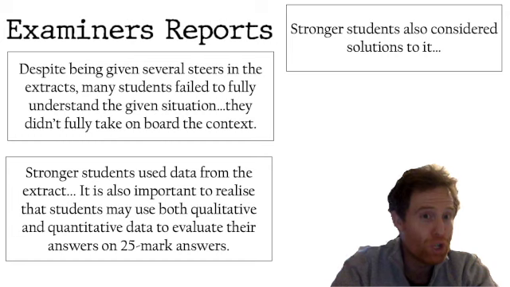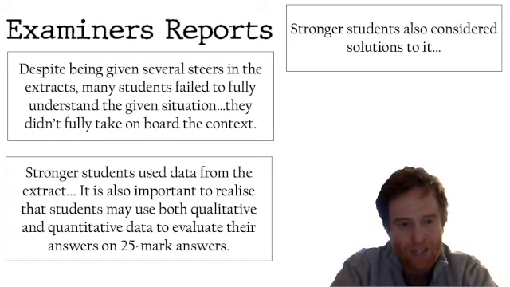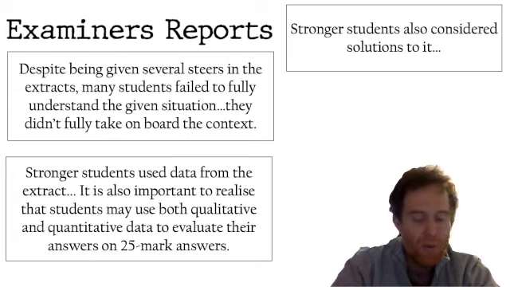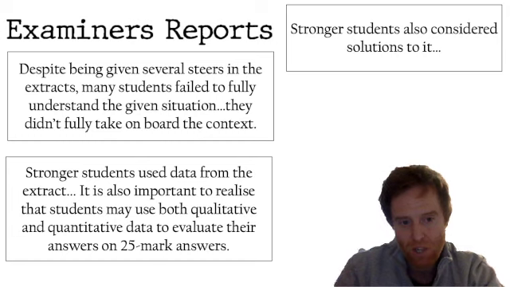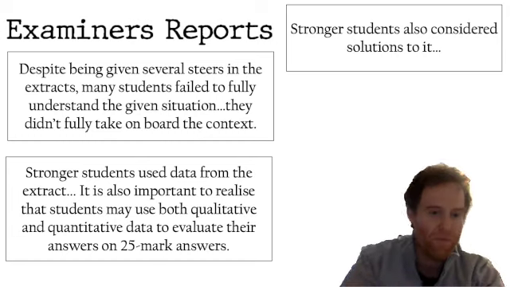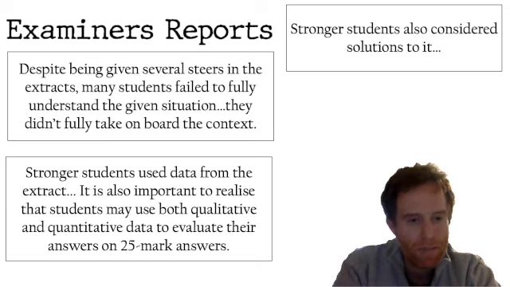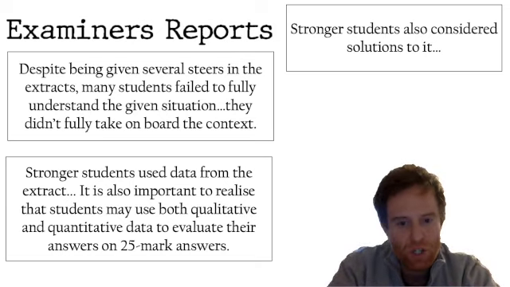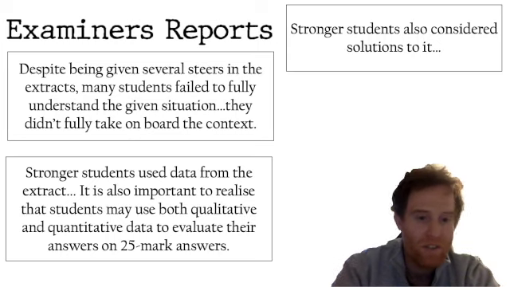Right, stronger students also considered solutions. So what I mean by that is when you get to your overall evaluation, when you make your decision, when you decide, for example, the policy that you're going to pick, or whether it's effective or not, or whether it's harmful or not, whatever the question might be, your decision, unfortunately, is not going to be the perfect decision because there is no perfect decision in economics.